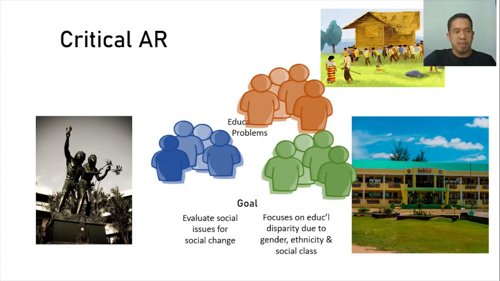So the same with participatory, they will meet and discuss educational problems. If it is for basic education sector, the purpose here is to talk in relation to the basic education research agenda. So the goal here is to evaluate social issues for social change. What are the issues in the basic education sector that we need to address?